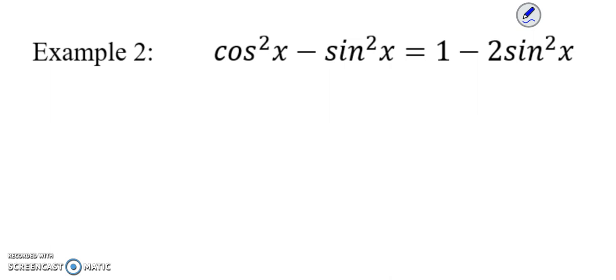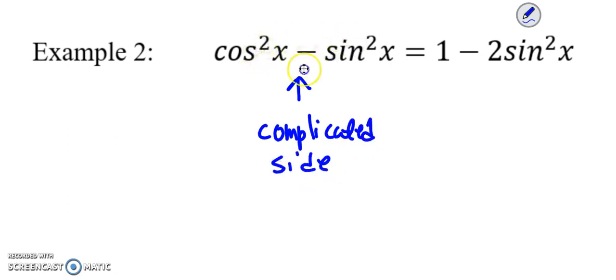All right, so with this part, let's go here and we're talking about cosine squared minus sine squared equals 1 minus 2 sine squared x. Now, for me, this side here is still the more complicated side. So I'm going to work on this side over here to get to equal this side.